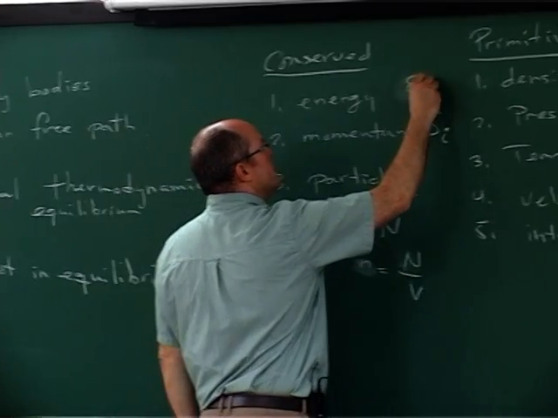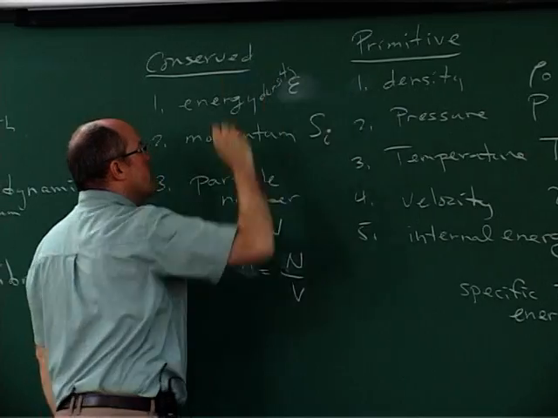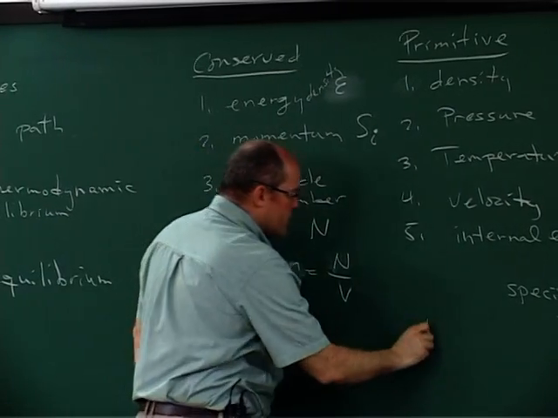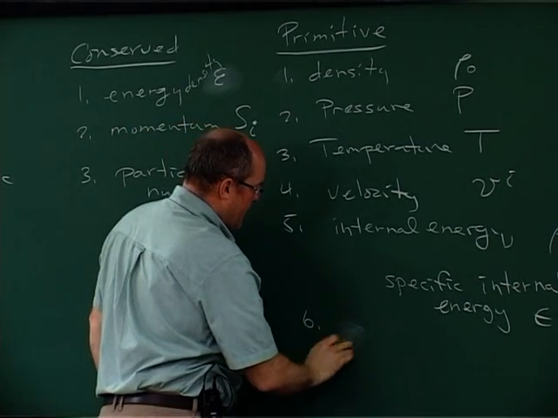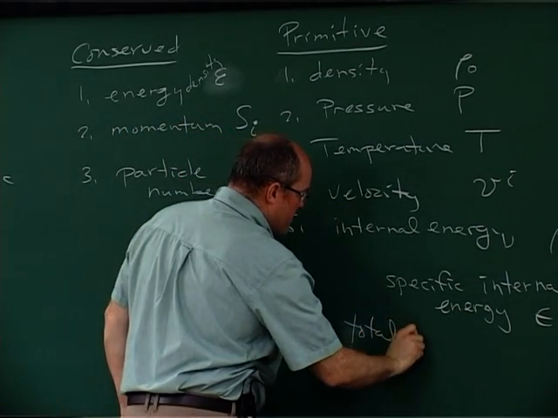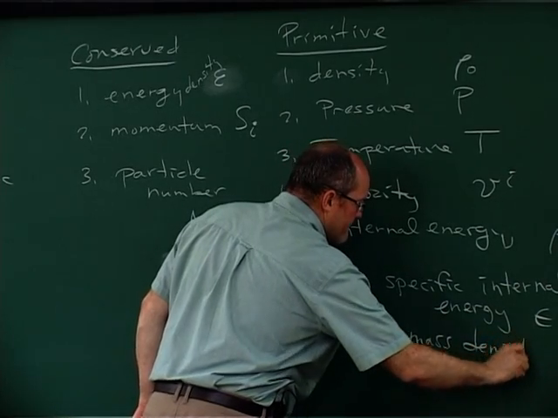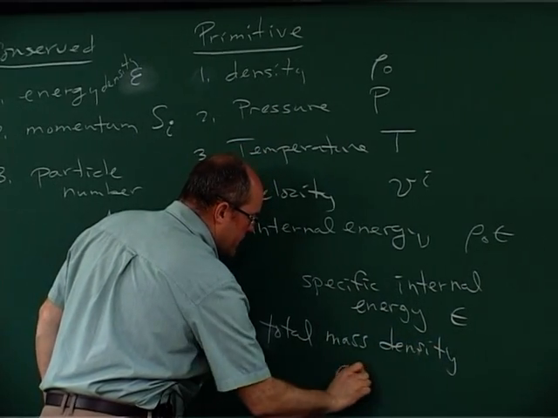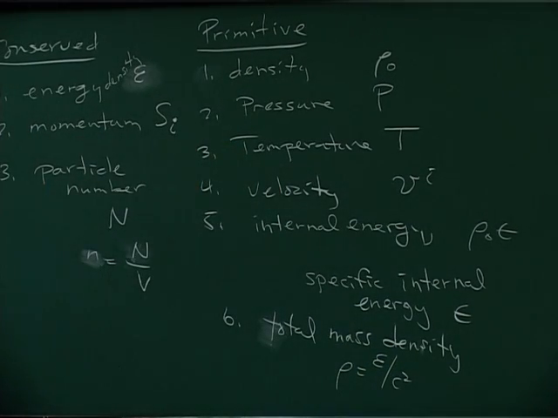So this is a density. The other quantity I'm going to introduce is rho, which is the total mass density. And it's going to be rho is epsilon over c squared. So you just take the total energy, divide by c squared.